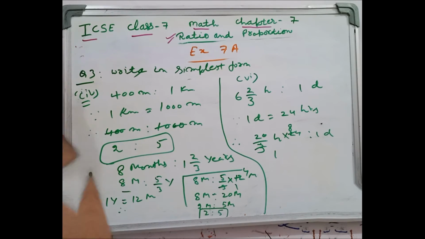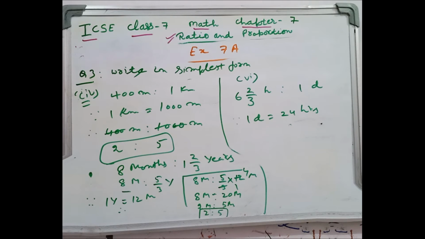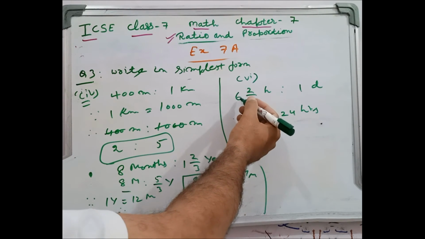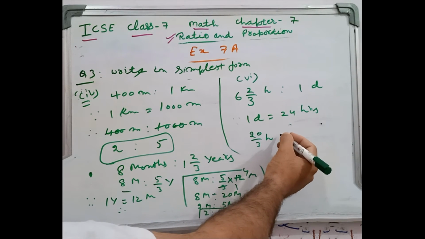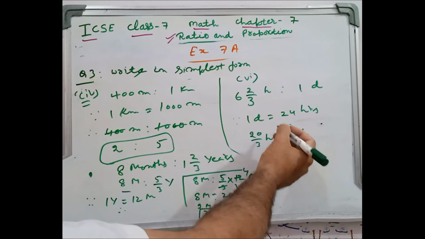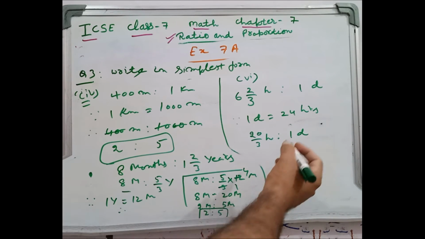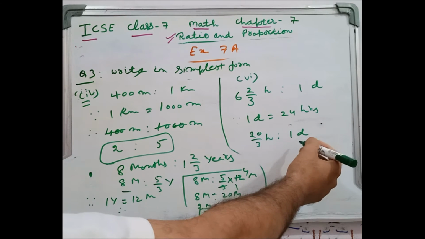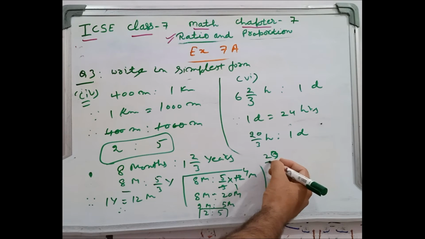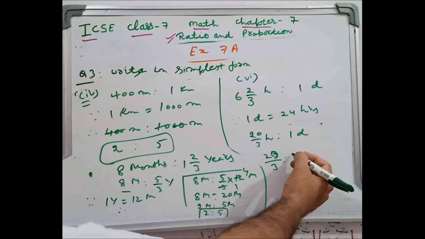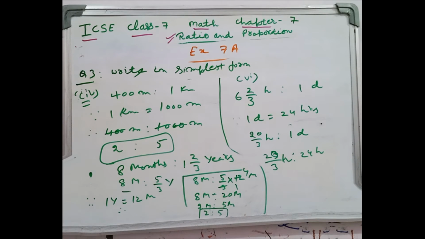Oh, so we have to convert it the other way. So 6 3s are 18 plus 2, 20 by 3 hours ratio 1 day. Now 1 day equals 24 hours, so we will convert this day into hours. So 20 by 3 hours ratio 24 hours.